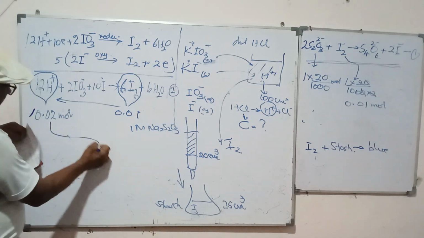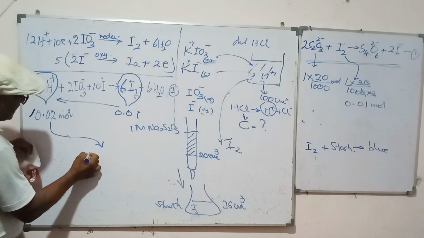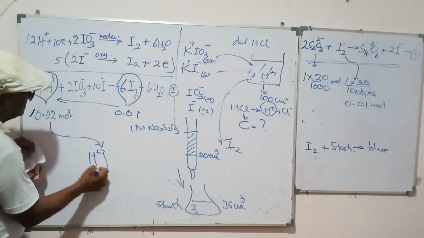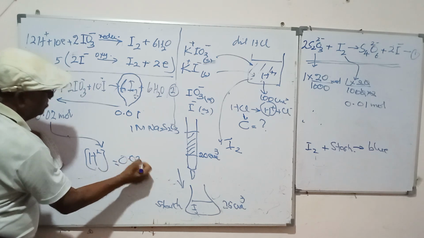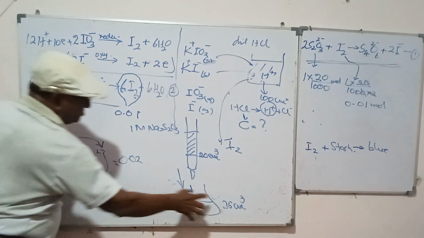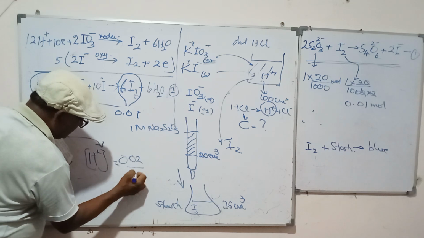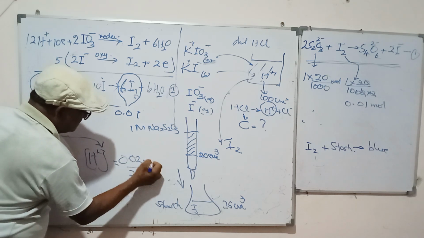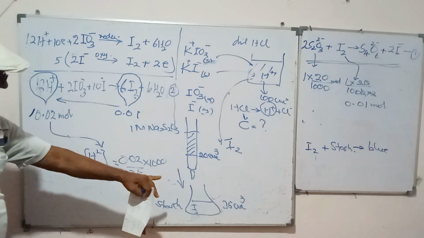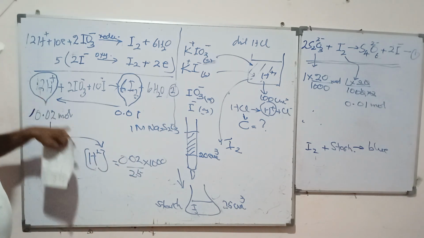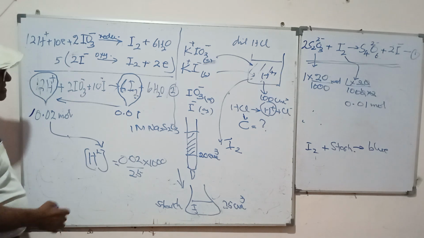So now it is clear that we can calculate the H plus concentration. Number of moles 0.02 is present in 25. Then how much in 1000? 25 contains that amount of H plus. Then how much in 1000?